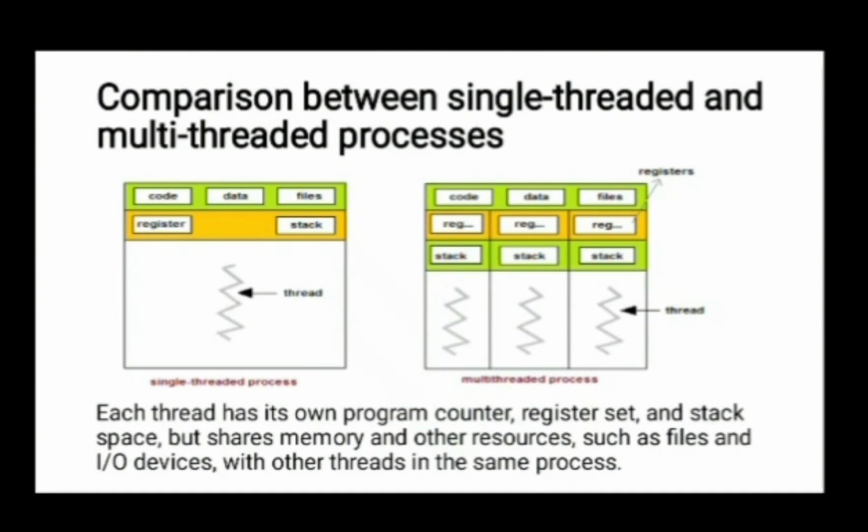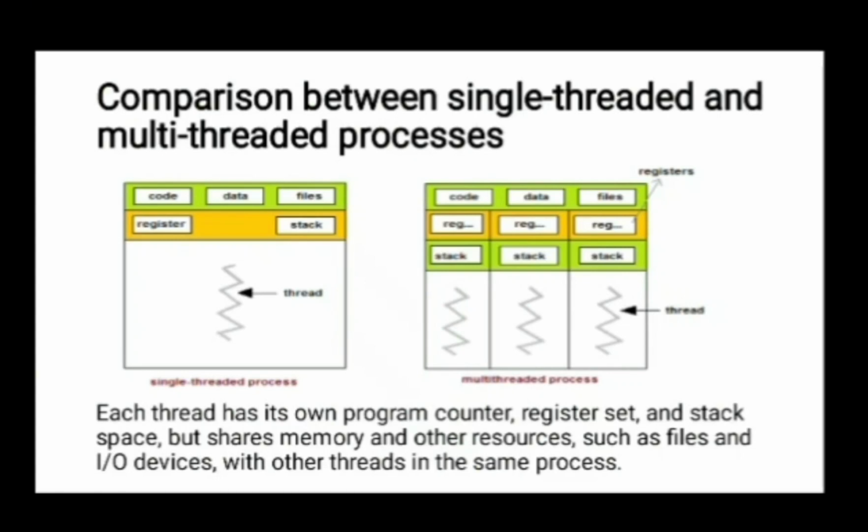So you can see from the first diagram, it is indicating a single thread that is being performed on a single processor, which can be the CPU. And the following diagram indicates multiple threads on a single processor.